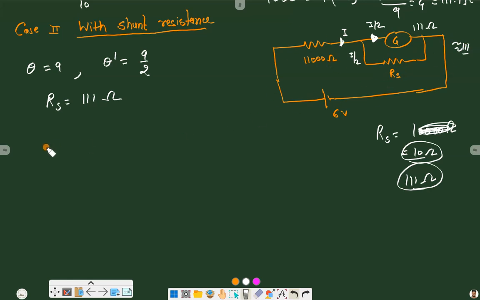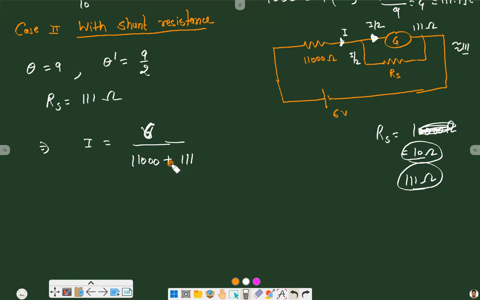The current in this circuit is given by voltage, that is 6, divided by this resistance 11,000 plus their parallel combination's final value, and the maximum value these two in parallel can take is 111, which is ignorable compared to this 11,000 value.